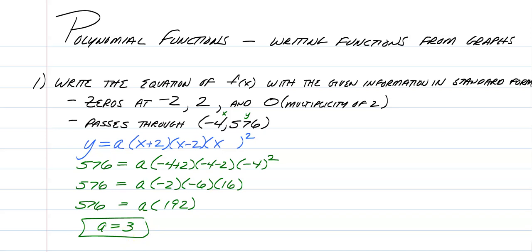It says write the given in standard form. So now we're going to go back, now that we found a, and we're going to say y is equal to 3 times x squared times x minus 2 times x plus 2, and you have to multiply all of that out. I just switched the order because this is just going to become 3x squared.